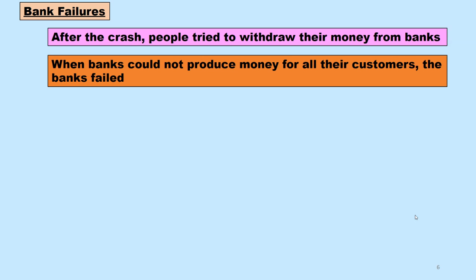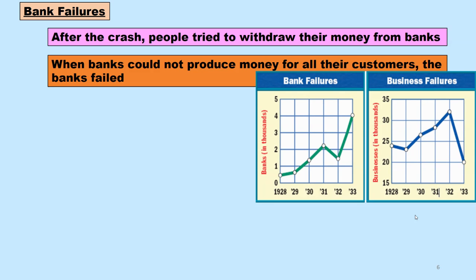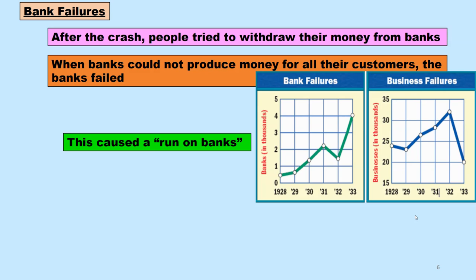Okay. So banks can't produce the money. The banks fail. Banks go bankrupt. Banks become nothing more than just buildings at that point, which is terrifying. Which is only going to cause more people to rush to try to get their money out. It's called a run on the banks. Okay.